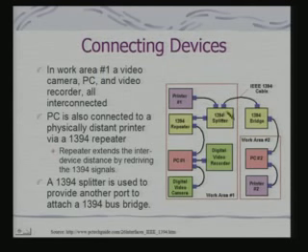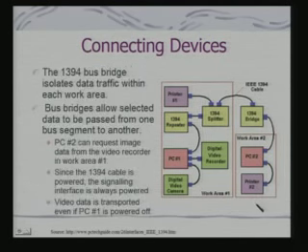And a splitter is used to provide another port to attach a 1394 bus bridge. So, you have this bus bridge by which you can connect other devices. This is another PC, another printer. This bus bridge, just like any other bridge in a network, isolates data traffic within each work area.